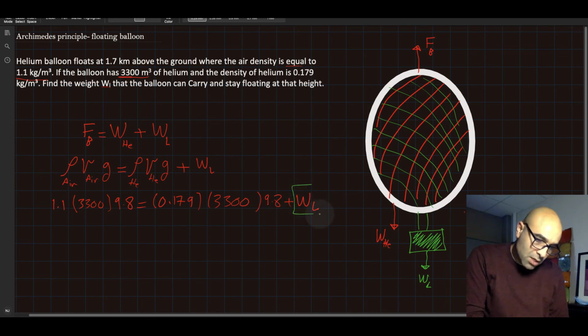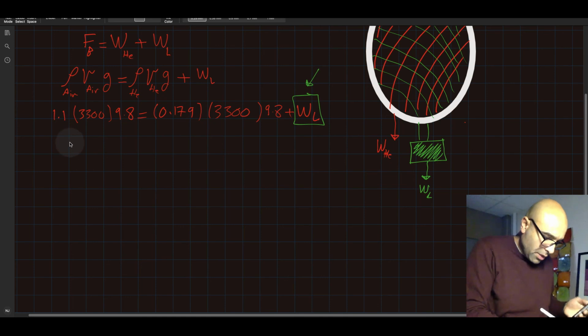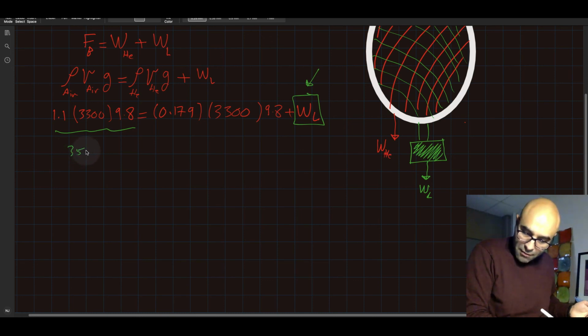So this is one equation with one unknown, and to find W sub L we can calculate that the left side is equal to 35,574.